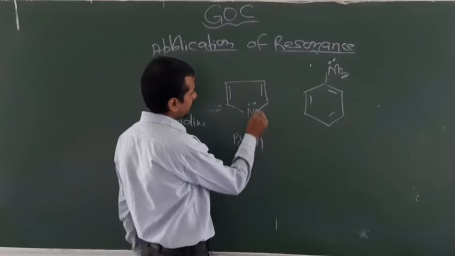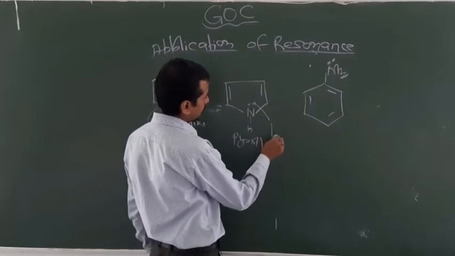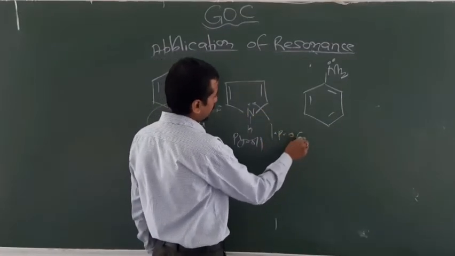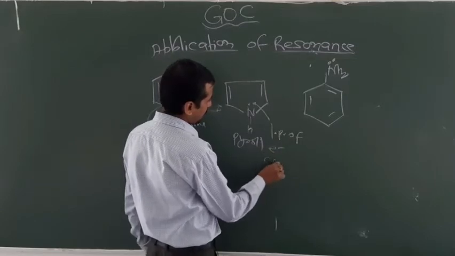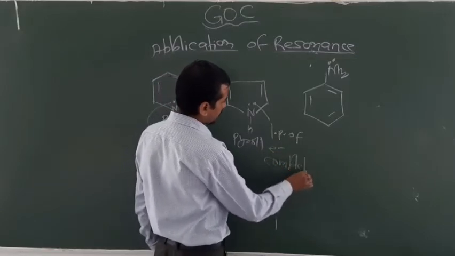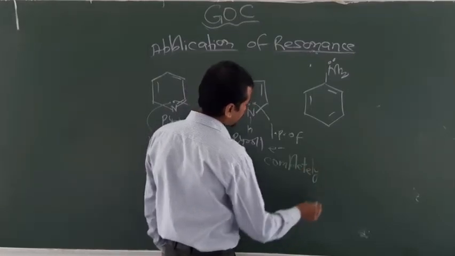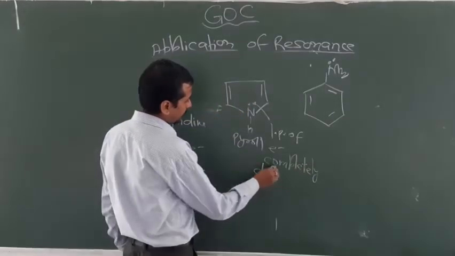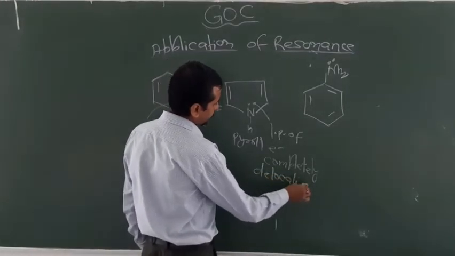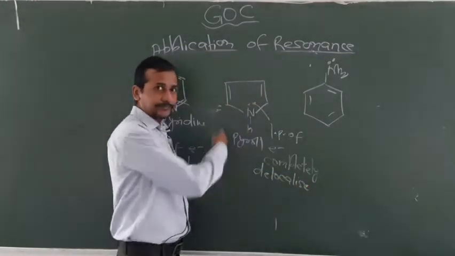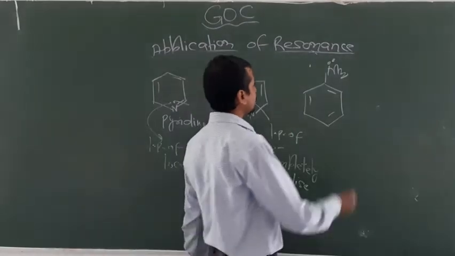This is in the conjugation. So this lone pair of electrons is completely delocalized in the ring. But here what happens?